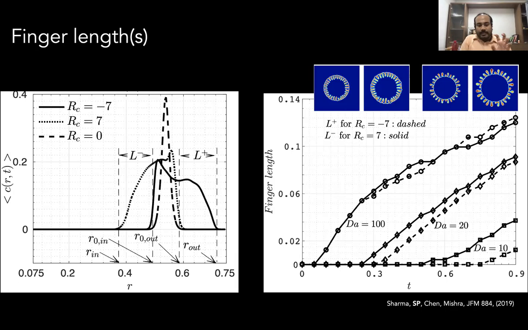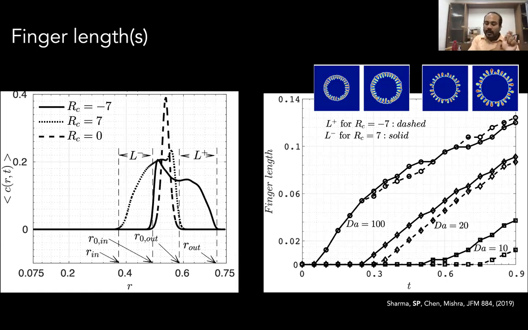First of all, we define the interface where there was no viscous fingering present. That means RC equals 0. In that case, the finger length will be 0, right? Because that's just a diffusive position. Then whatever deviation happens from the diffusive position is defined as the finger length in the two directions.